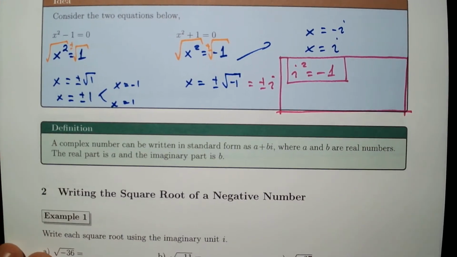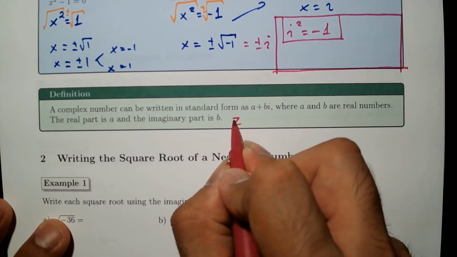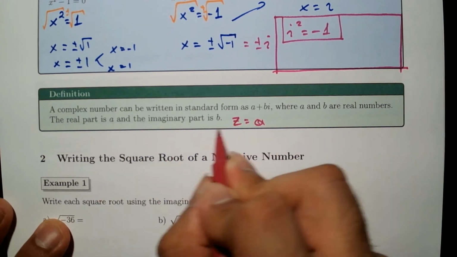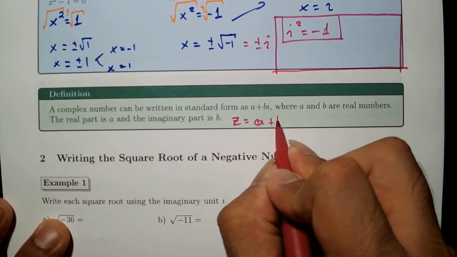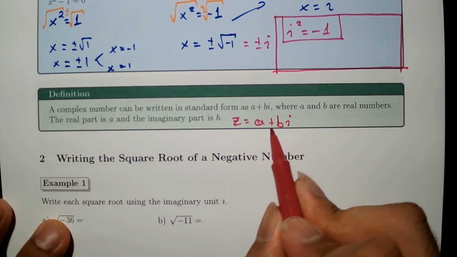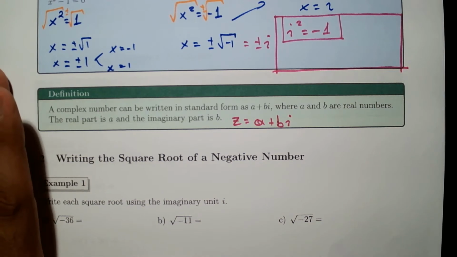Alright, so how do we define complex numbers? Complex numbers are typically denoted with a z, in which we have a real part, which is a, and the imaginary part, which is b. b is the imaginary part, which is the number that multiplies the letter i.